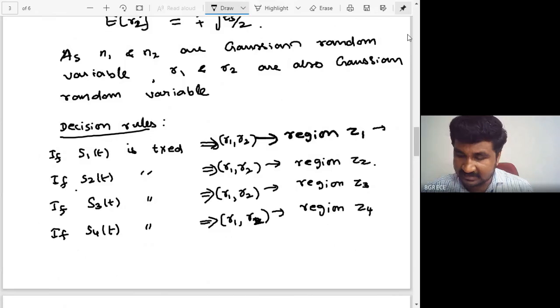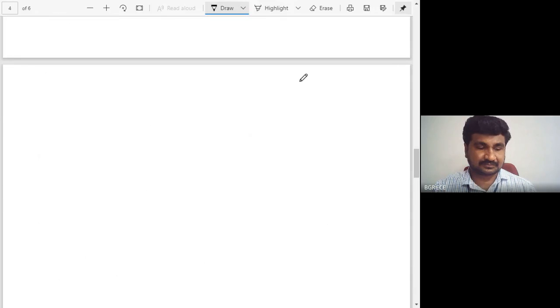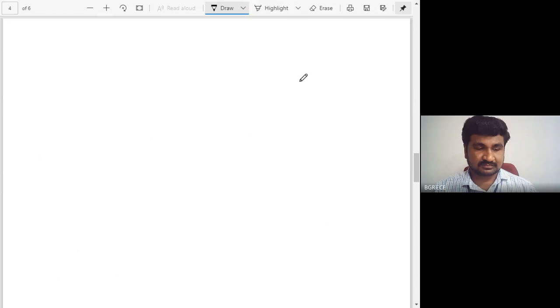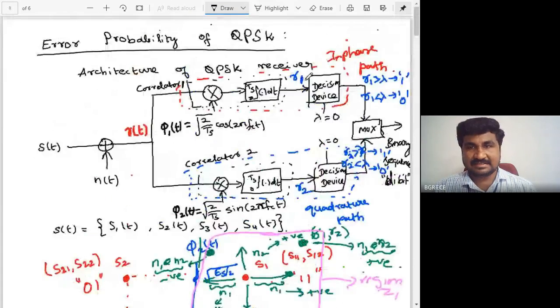And region Z1 is the first quadrant, Z2 is in the second quadrant, Z3 is the third quadrant, and Z4 is on the fourth quadrant of the signal constellation graph. And from the architecture, we can say that this receiver is constructed with the help of two parallel BPSK receivers.